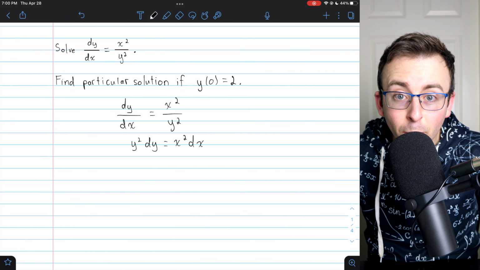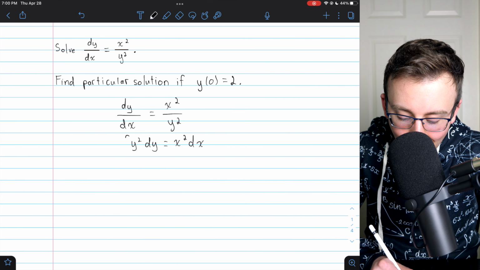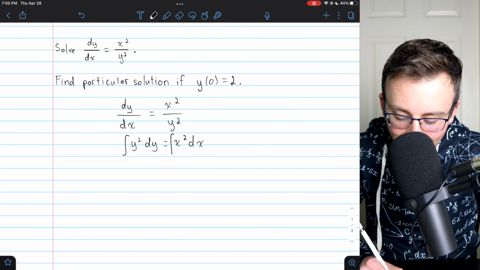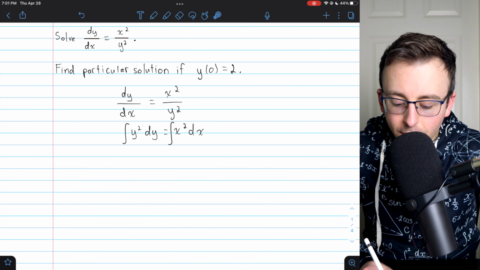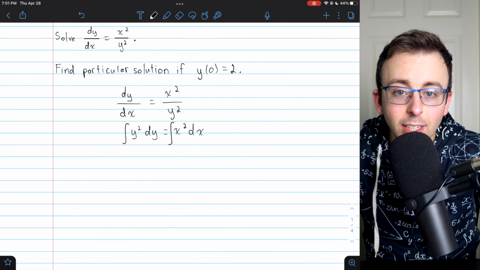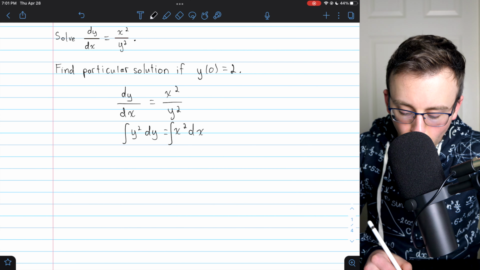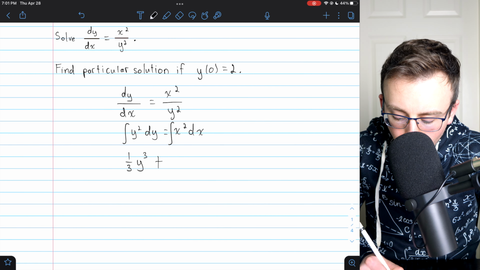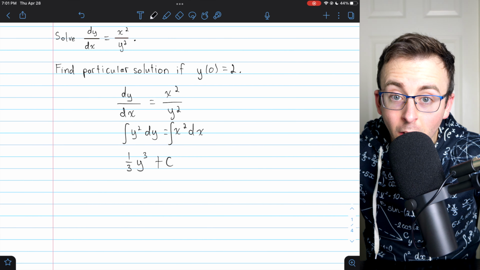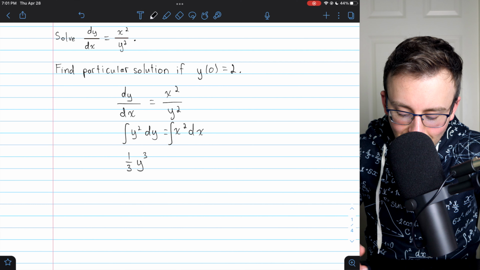Now that we've separated the variables, all we have to do is integrate the left and the right. We have dy on the left side, so very nicely we are integrating with respect to y, and that's a pretty simple integral. It's just 1/3 y cubed. We could write a plus c there, but we're not going to. I'll tell you why in a second.